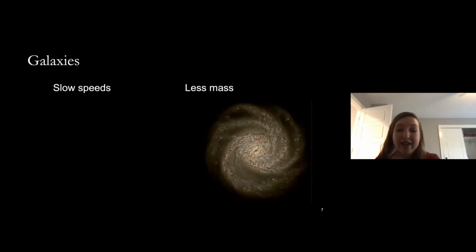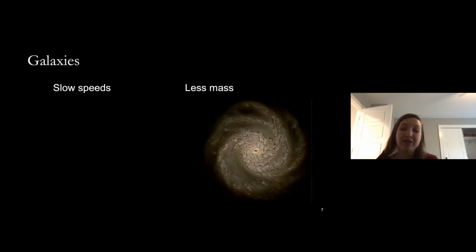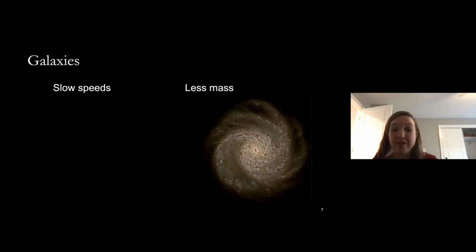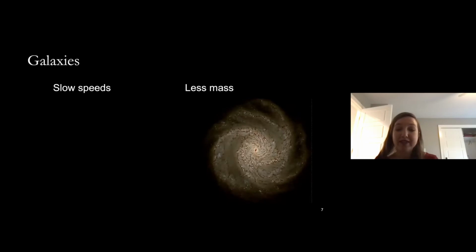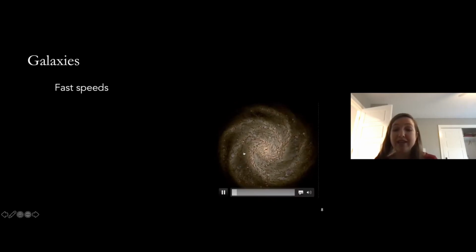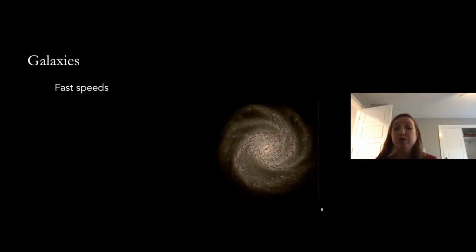Think about math as one of the languages we speak in physics. Here I'm using a video to represent this idea. If an object has less mass, then the components of that object are going to move slowly. But if a galaxy is massive, then the components of that galaxy move much more quickly.